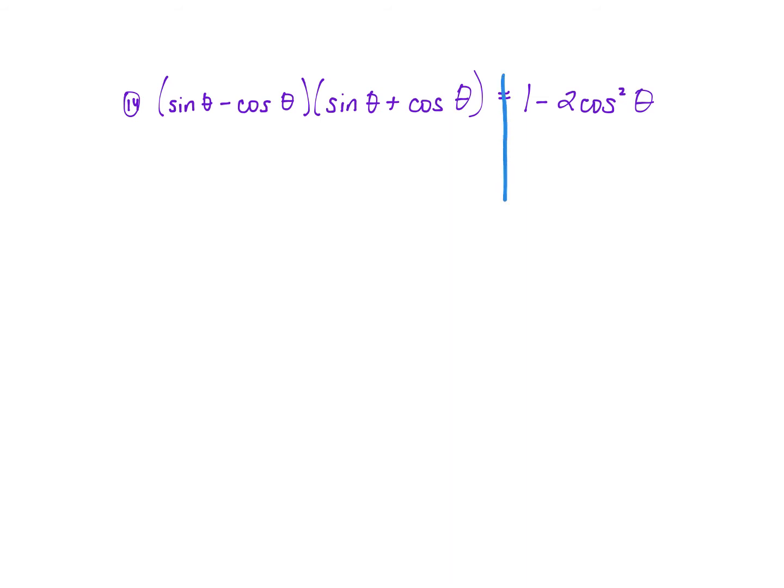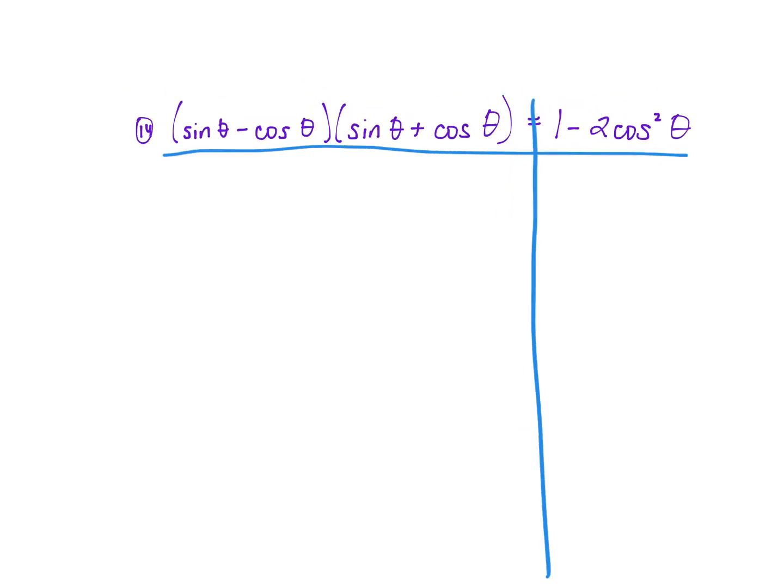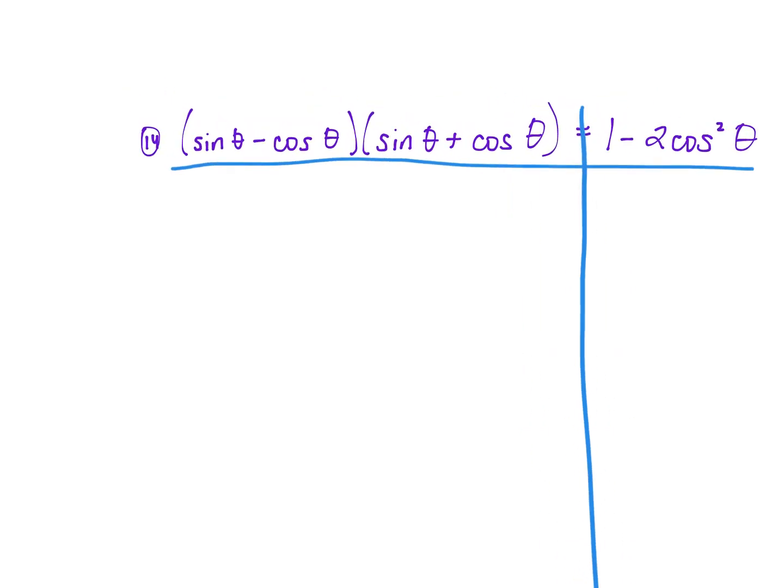Any suggestions on how I should start 14? All right, let's FOIL. So if I FOIL the left side, I have sine squared times sine, or plus sine times cosine, minus cosine times sine, which is sine times cosine, because you can switch the order when multiplying.